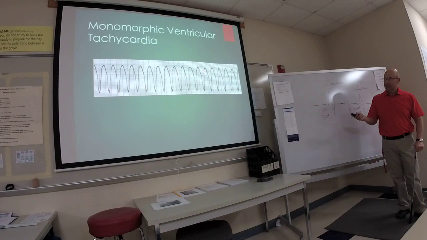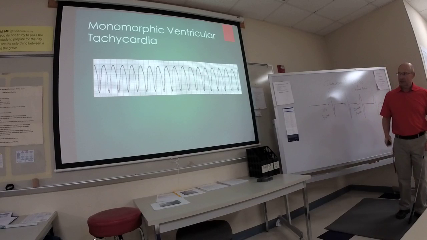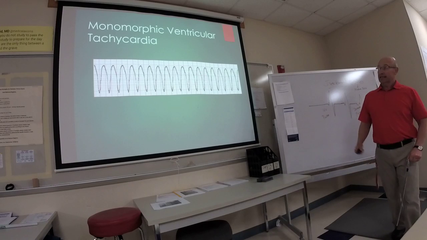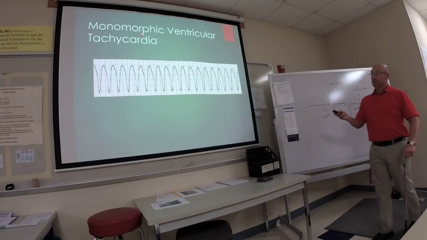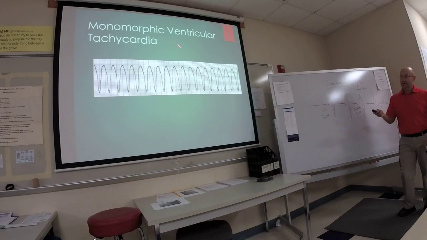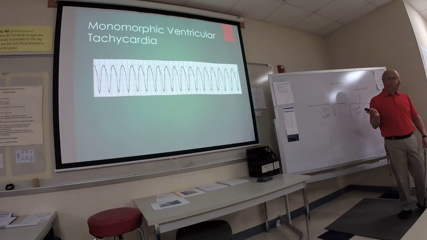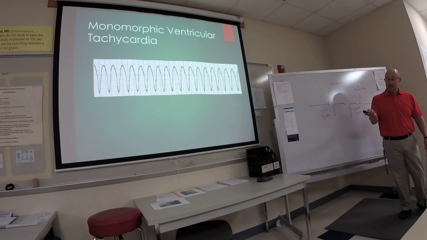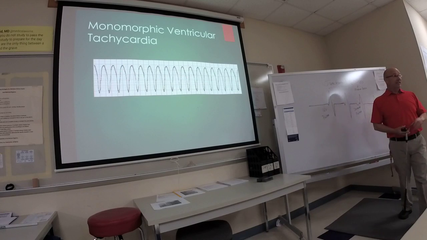It's wide. Here's the width of the QRS complex here. See how wide that is? Okay? So it's VTAC. It's monomorphic VTAC. Means that these all look the same. Okay? That's what that word means. All these ventricular beats are the same.